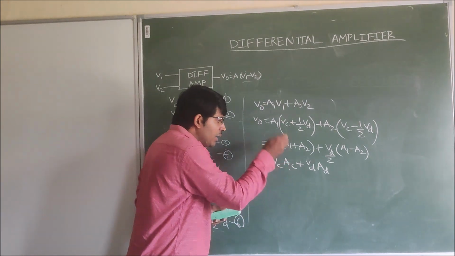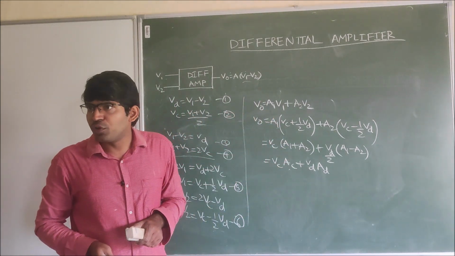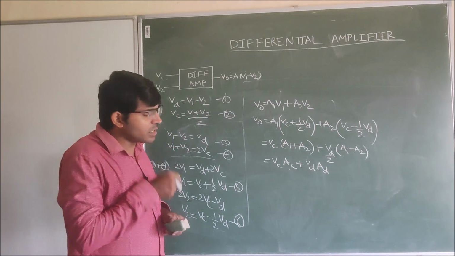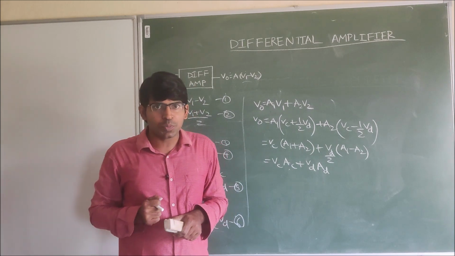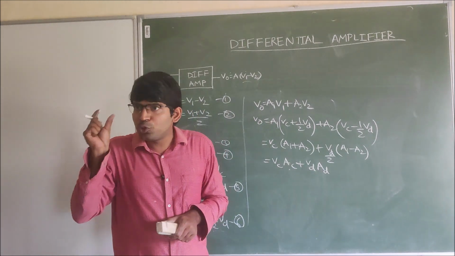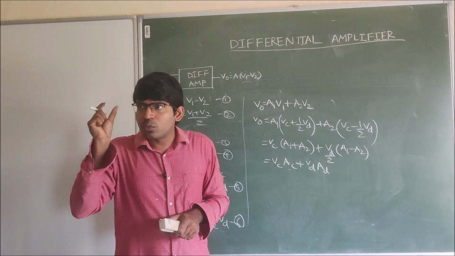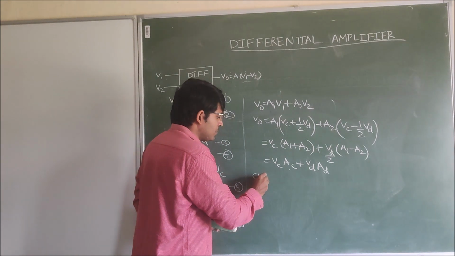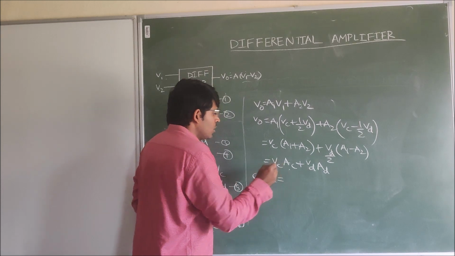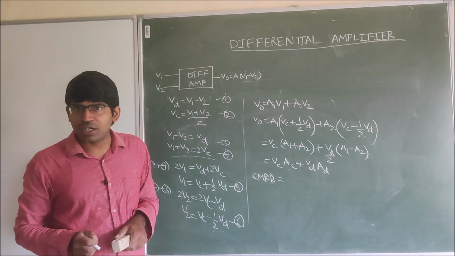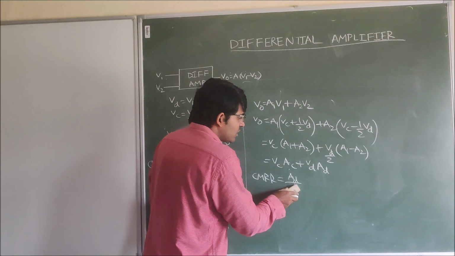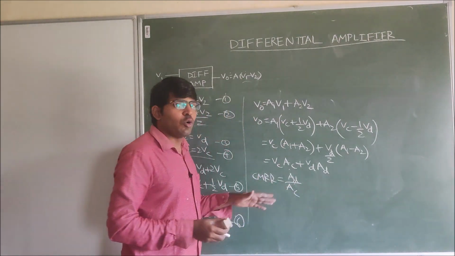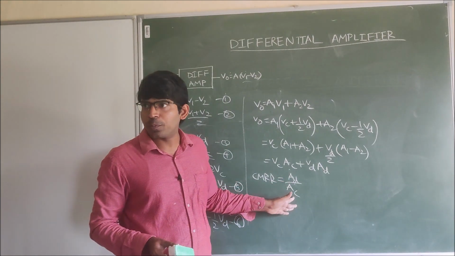We want to eliminate this common mode gain. Elimination is not possible, but at least we have to reduce it. So now we define a new term called common mode rejection ratio, CMRR. This common mode rejection ratio is how much differential gain you are getting relative to how much common mode gain you have.